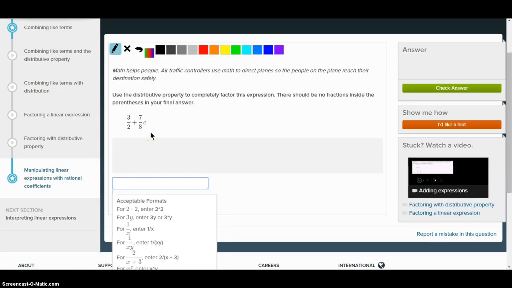So, let's see. We can pull out 1/8. So if we pull out 1/8 on the side over here, we're going to have 1/8, and then on the inside, this is going to be 1/8. That would be the same as 2 times 8.